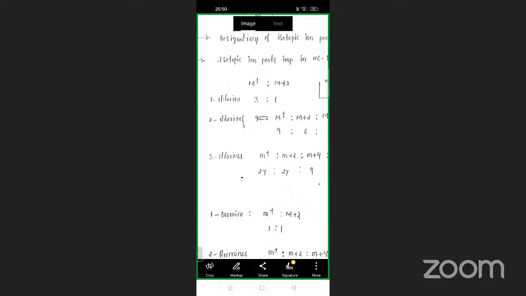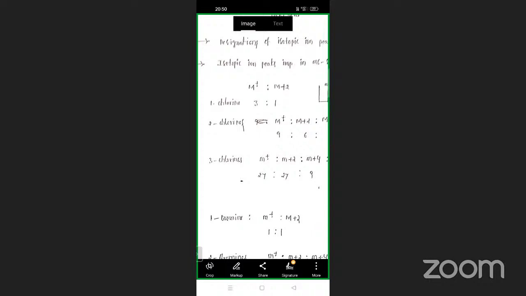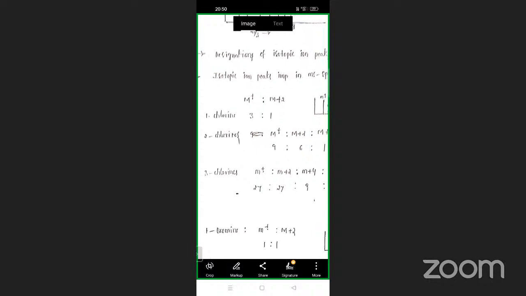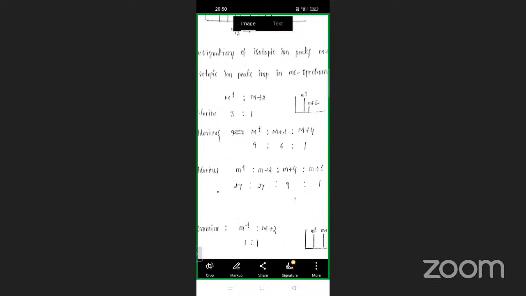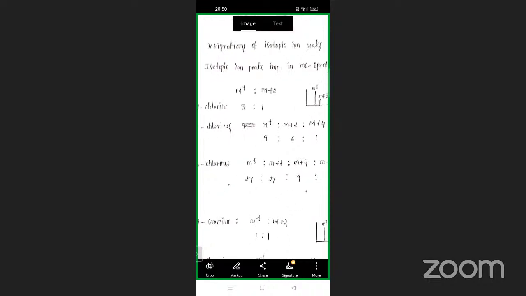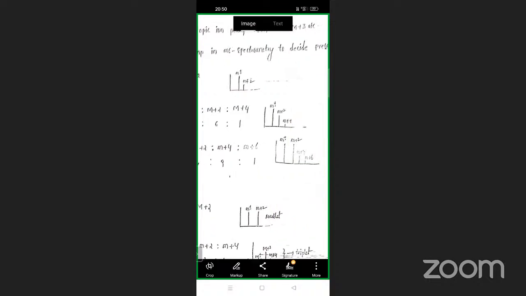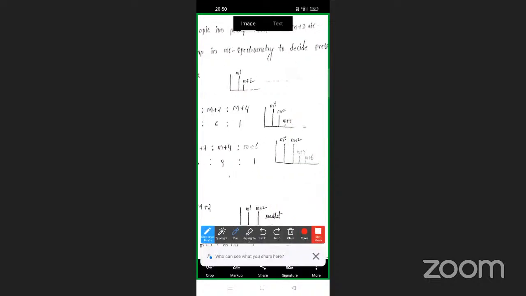For example, if one chlorine is there, the intensity of M and M plus 2 is 3:1. And for 2 chlorines, it is 9:6:1 here. You can see the appearance of that graph here, this is with 1 chlorine, and this is with 2 chlorines, right?